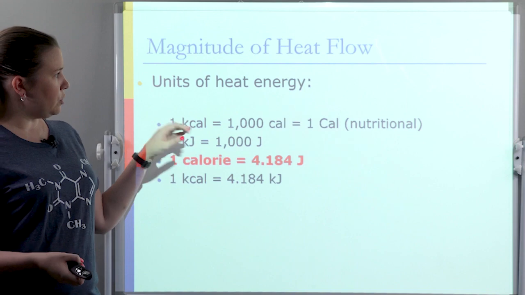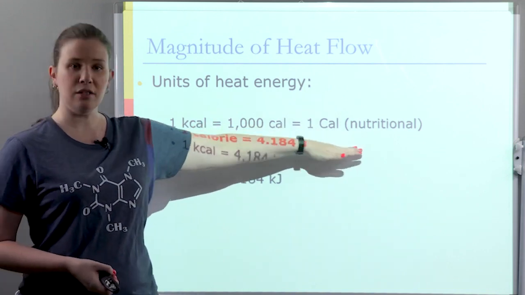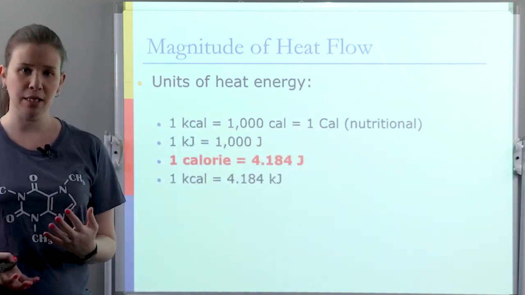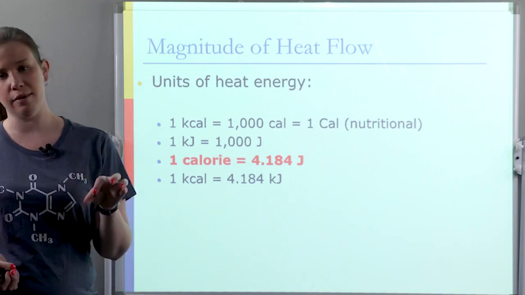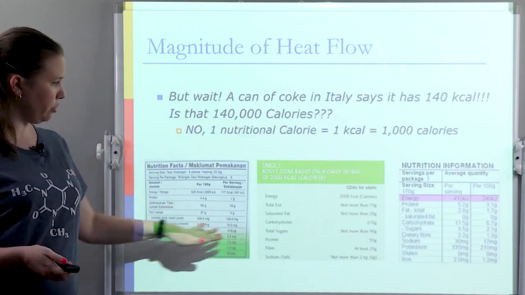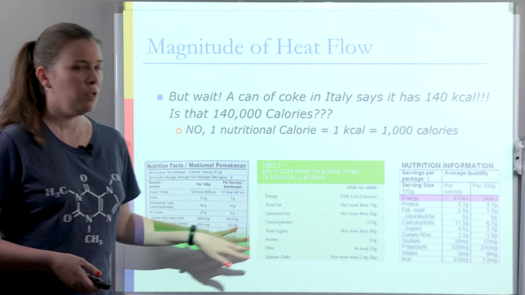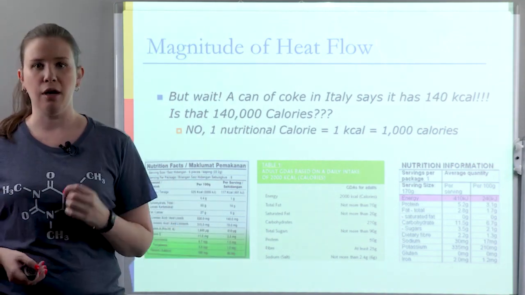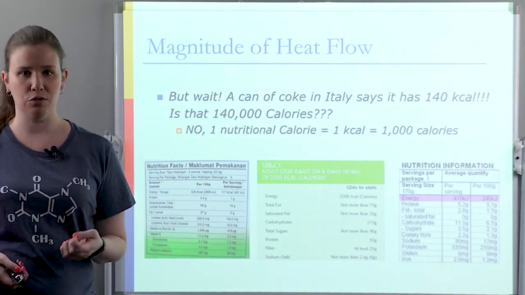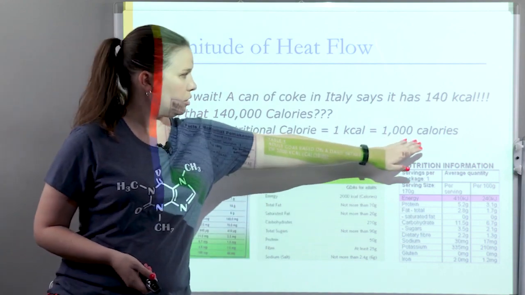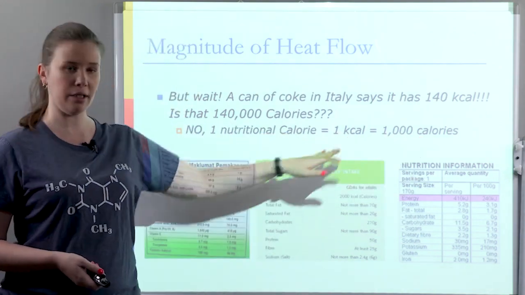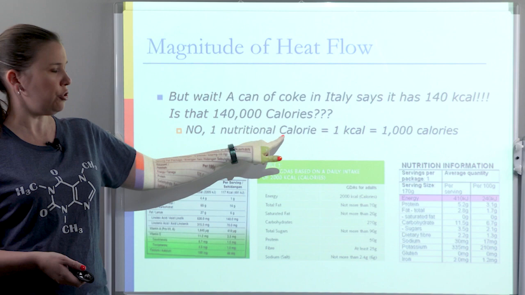Something else I want to note is you may have heard of calories just in the idea of a nutrition label. For example, if you pick up a candy bar, it'll tell you how many calories are in that candy bar when you look at the nutrition labels. Well, the nutritional calories are actually equal to 1,000 chemistry calories. 1,000 lowercase c calories, or a kilocalorie, would be equal to 1 nutritional calorie.